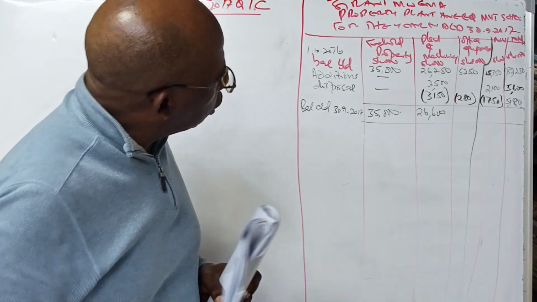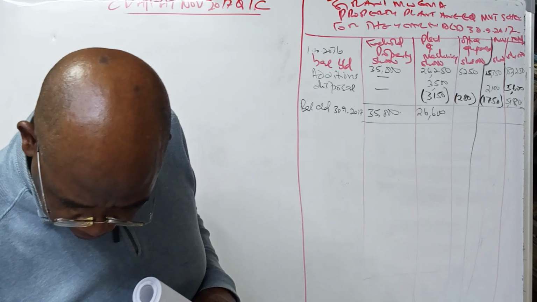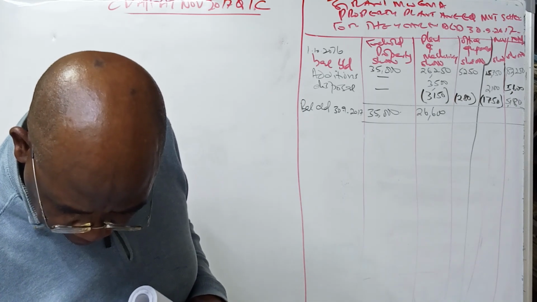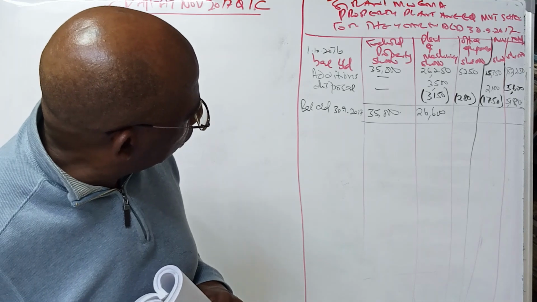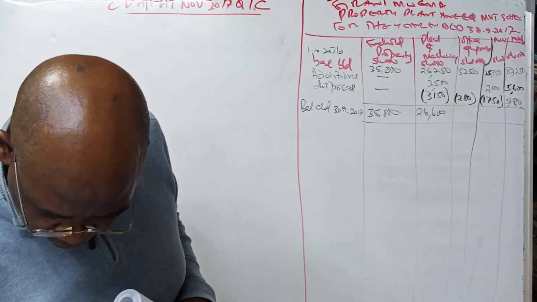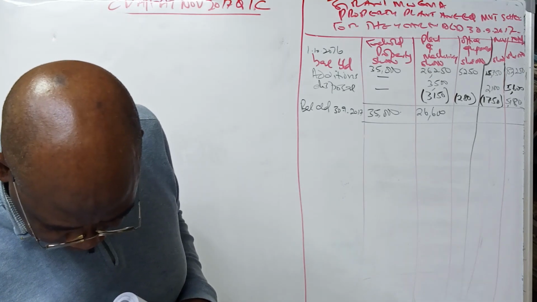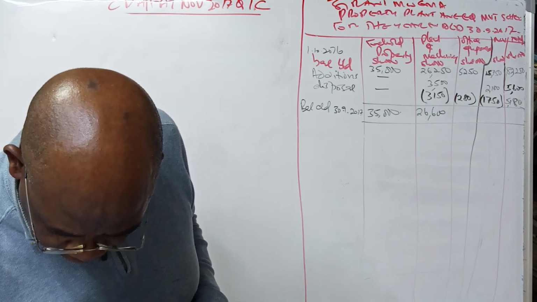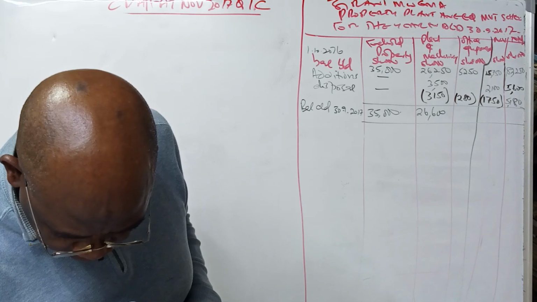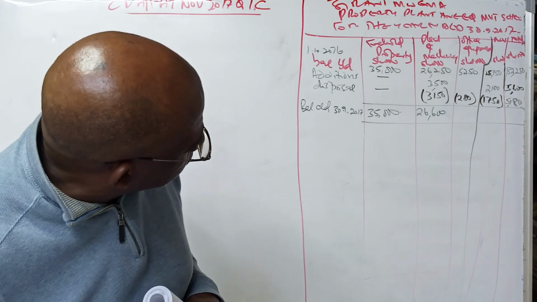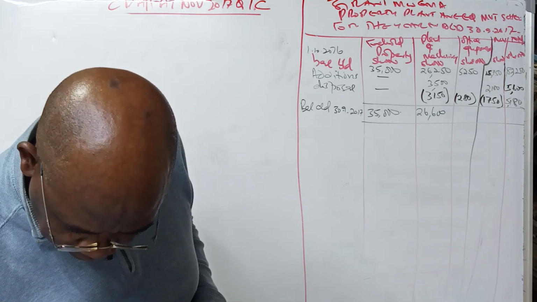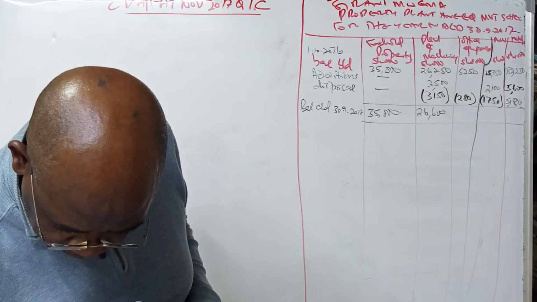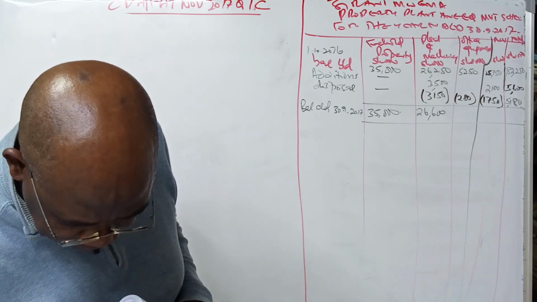For office equipment, 5,250 minus 280, we get a balance of 4,970.